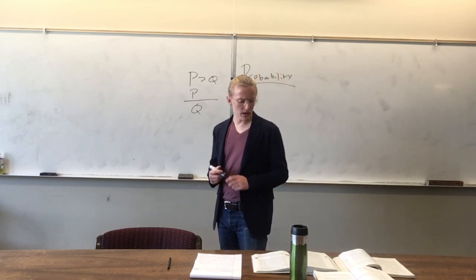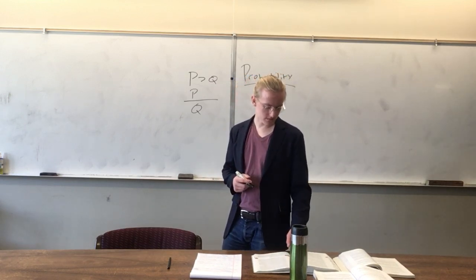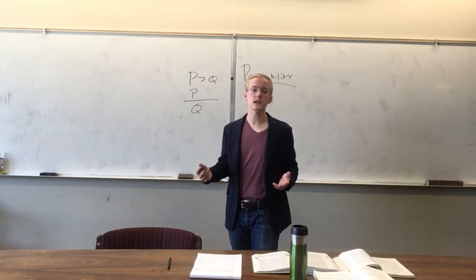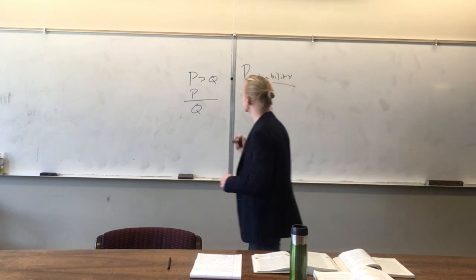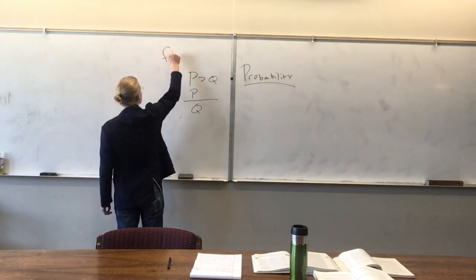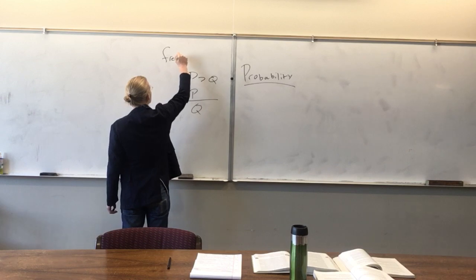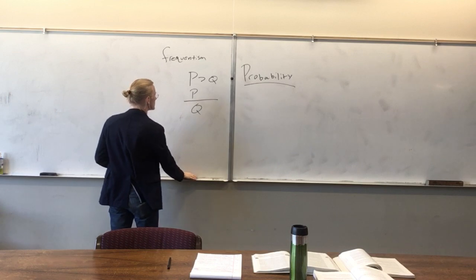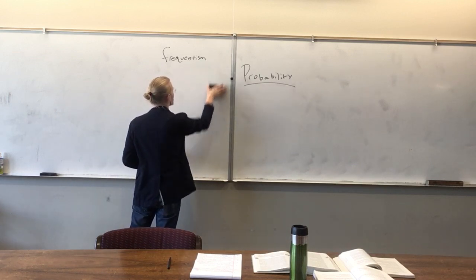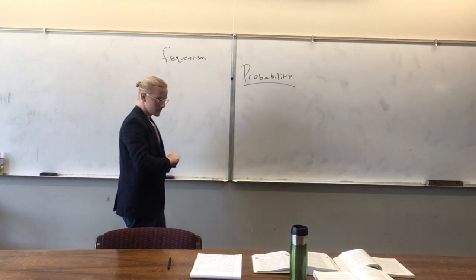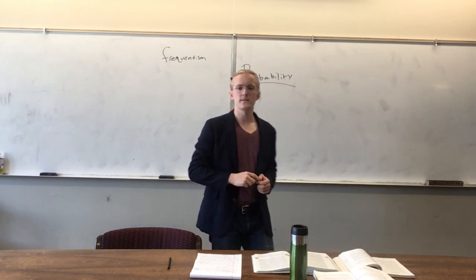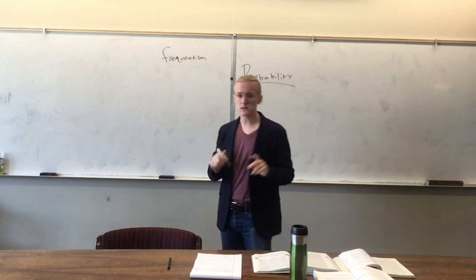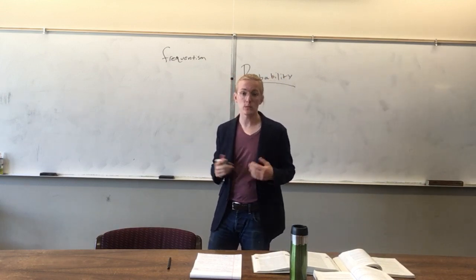And your textbook calls this the classical theory of probability. For the sake of these videos, I'm going to call it frequentism. So frequentism is one way of interpreting what a probability is. And it does so in the following way. And I'll write the equation on the board and then I'll explain it.